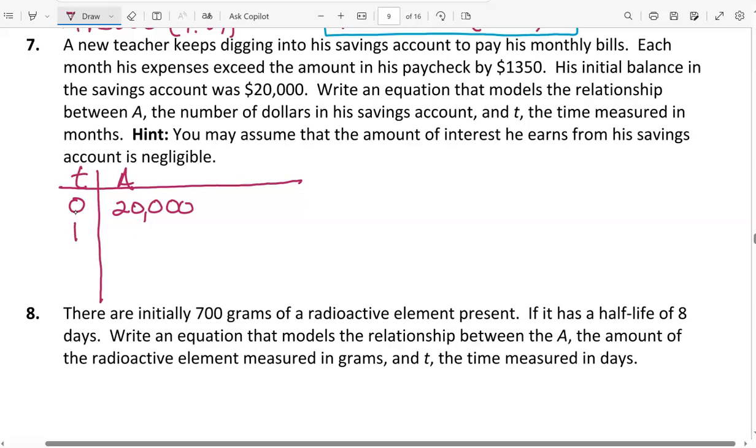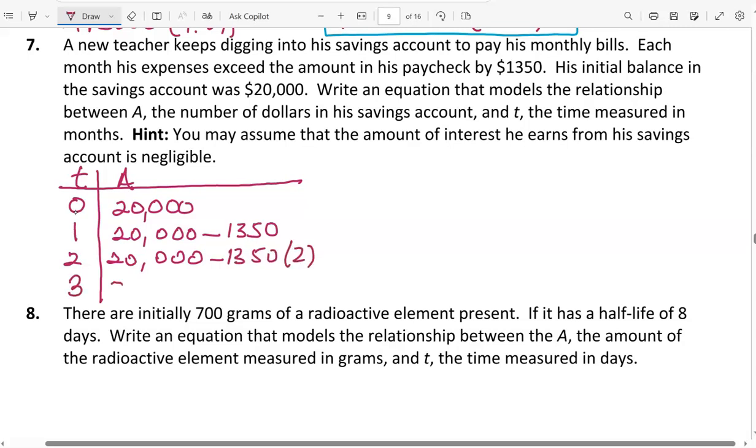So at the end of 1 month, he's going to dig into his savings account and take out an additional $1,350. So at the end of 1 month, the savings account will be depleted by $1,350. At the end of 2 months, the savings account will have another $1,350 taken from it. So 20,000 minus 1,350 times 2.